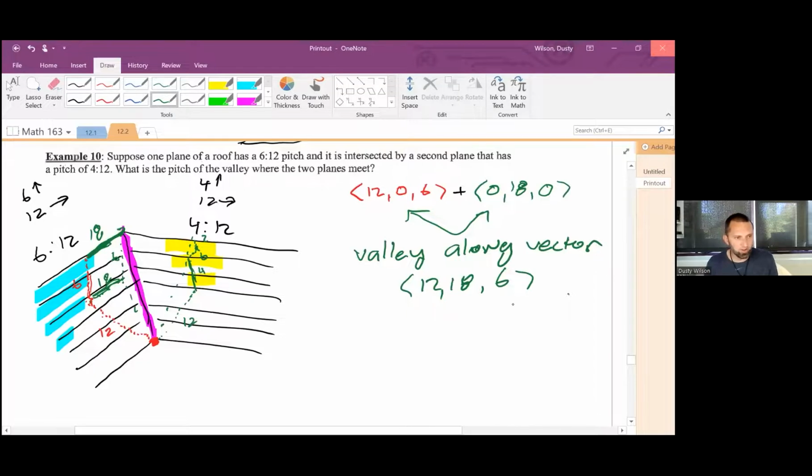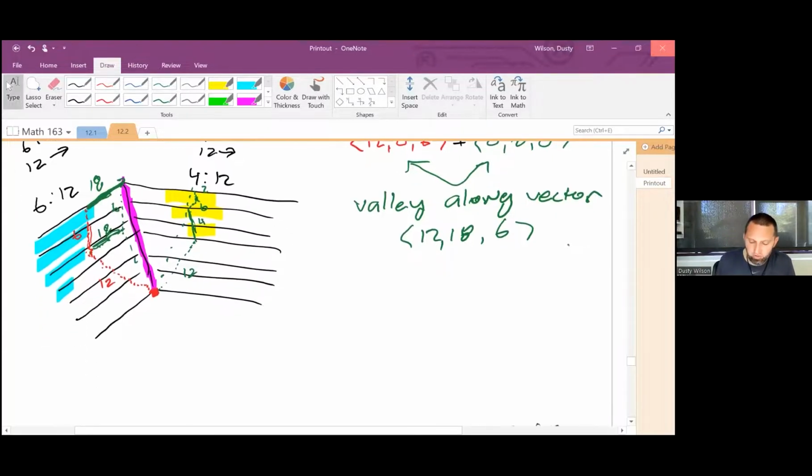So if I want to go up 6 along the valley, I've got to go 12 in the x direction and 18 in the y direction. So now all we've got to do is figure out how to write this as a pitch. So to do this, we're going to try to find a unit vector.